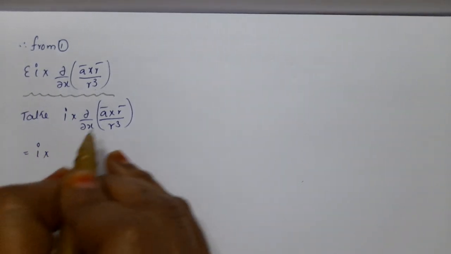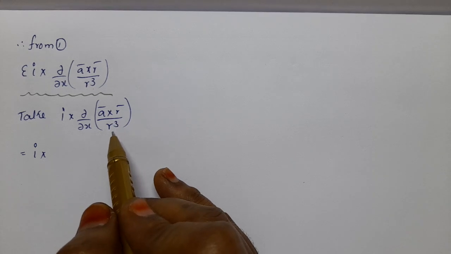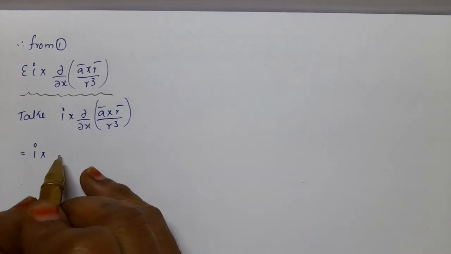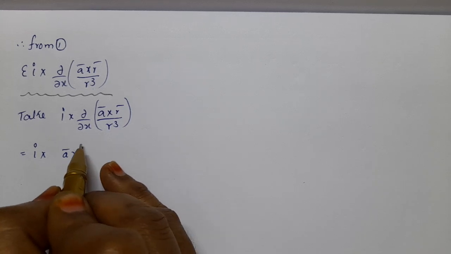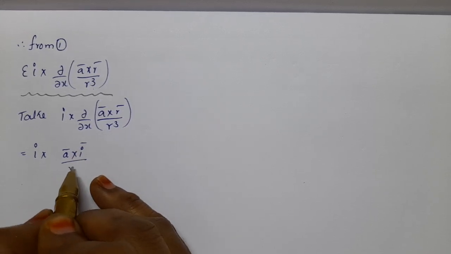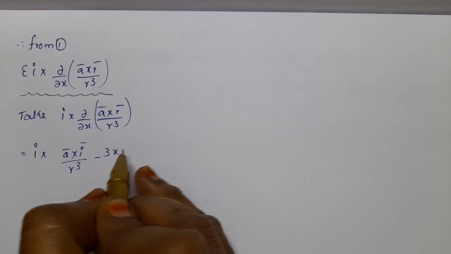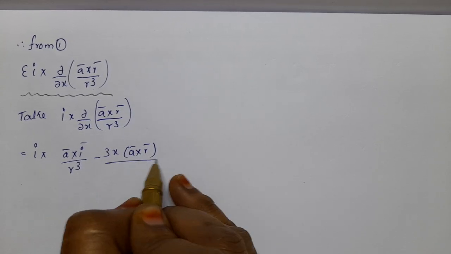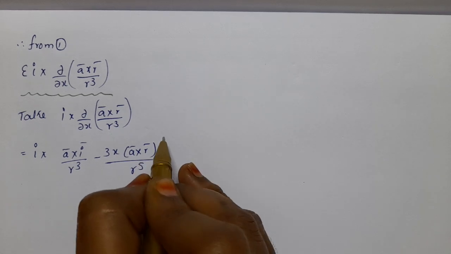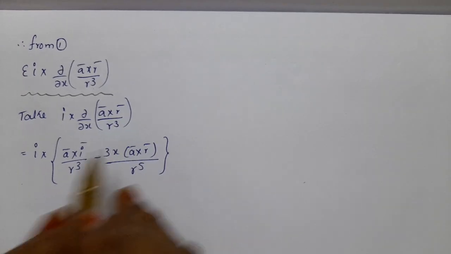I cross dou by dou x of a bar cross r bar by r cube value is a bar cross I bar by r cube minus 3x a bar cross r bar by r power 5. This is the value we are getting now.